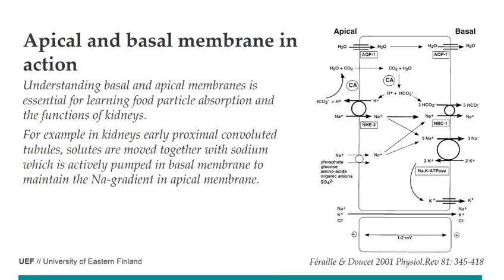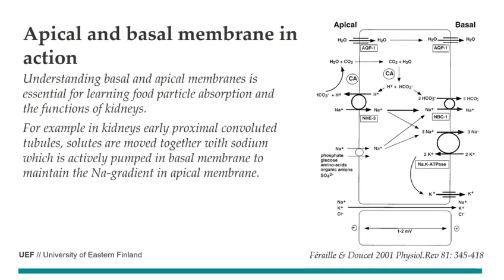Then there is sodium together with phosphate, glucose, amino acids, organic anions, etc. that are transported on the apical side. And then on the other side, there are some other transporters. And it's very important that we have different transporters on one side and the other side. Thank you.